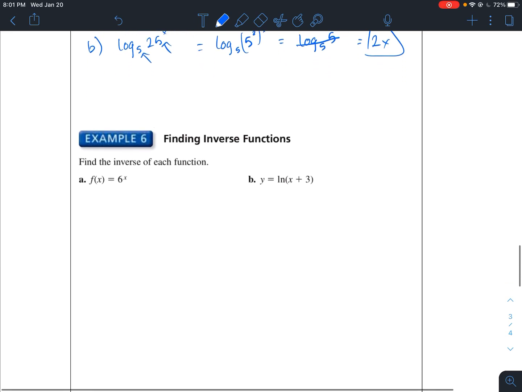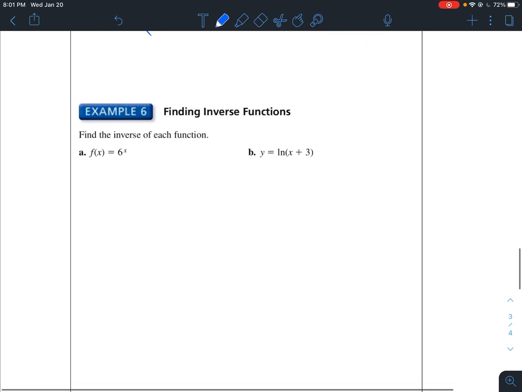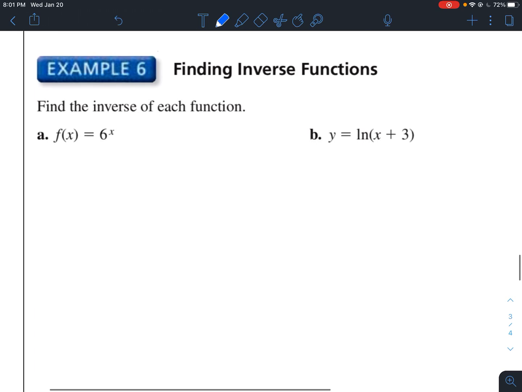And now finding inverse functions. We've already done this in the last one, so you should be familiar with how to find these inverse functions. Remember, the steps of finding the inverse function: we're going to write this as y is equal to 6 to the x power, and then we're going to swap and write this as x is equal to 6 to the y.